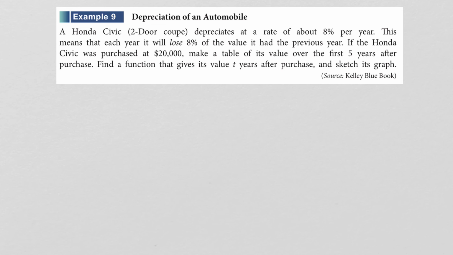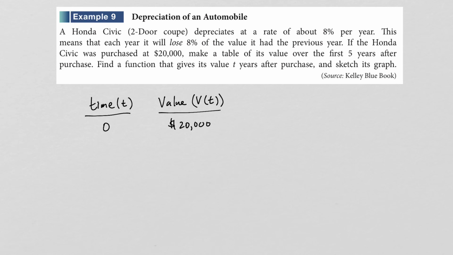Okay, so we need to think about how much it is worth when you bought it, 1 year later, 2 years later, 3 years later, etc. So let's bring in some variables here. We are going to compare time versus value. When time is 0, that's when the car was first purchased and it was worth $20,000. Now it loses 8% of the value that it had. So after 1 year, it's going to lose 8% of this value.